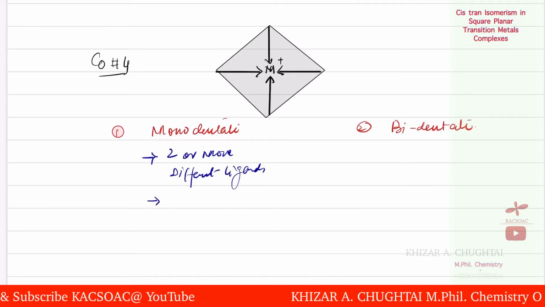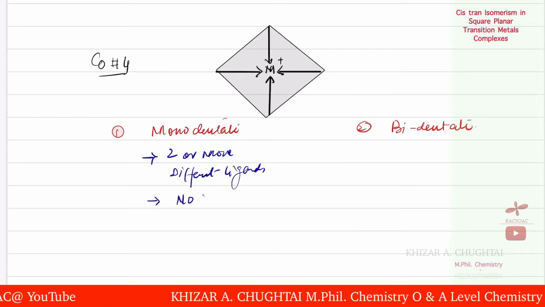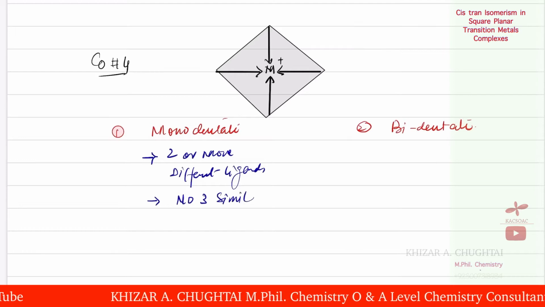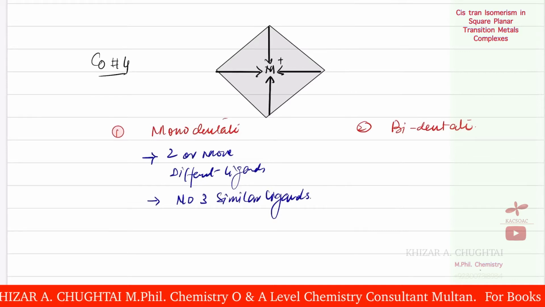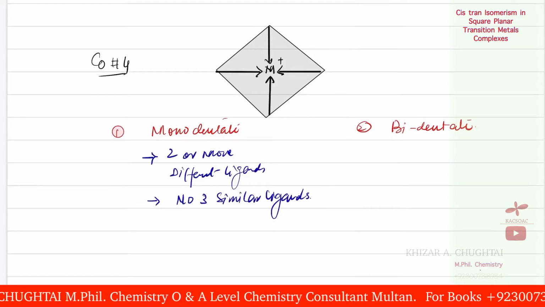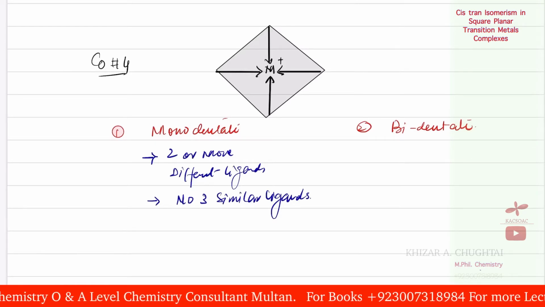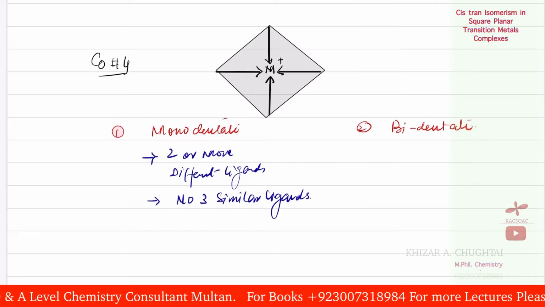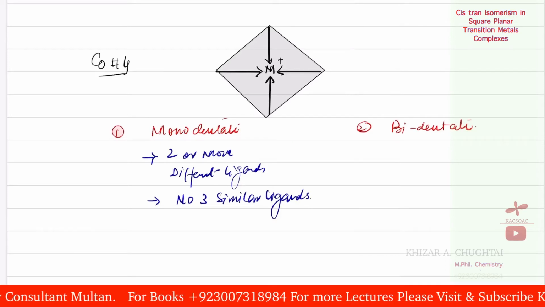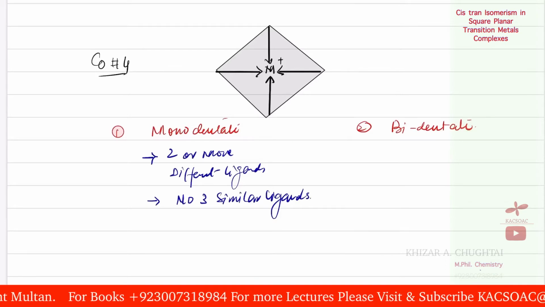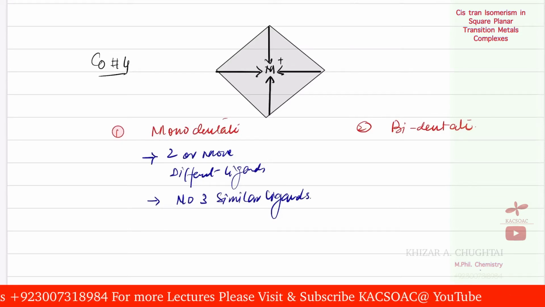The second prerequisite is there must be no 3 similar ligands. So the first rule is there must be 2 or more than 2 different ligands, and the second criterion is there must be no 3 similar ligands. In such cases, if there are monodentate ligands, then the square planar geometry will show cis-trans isomerism.